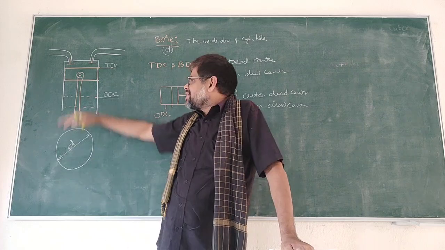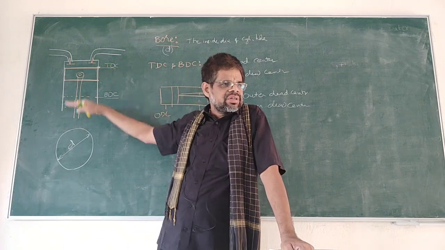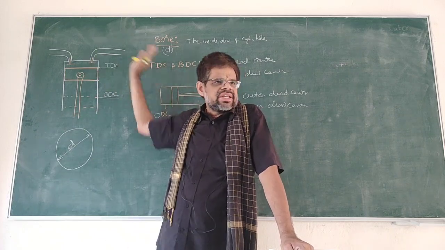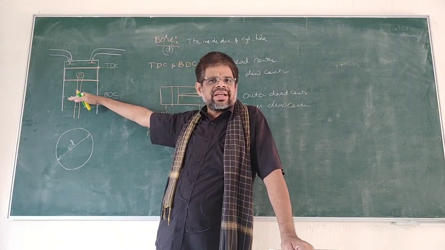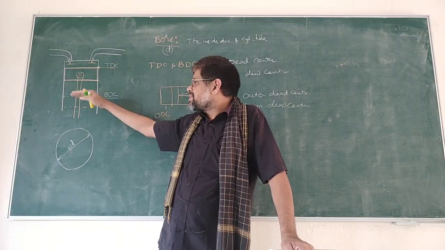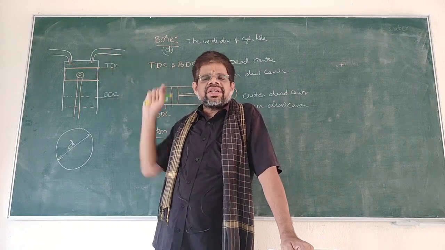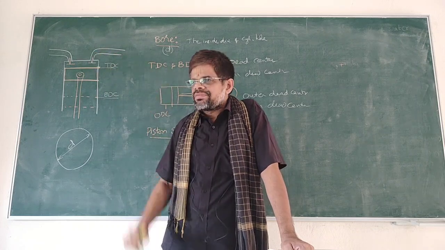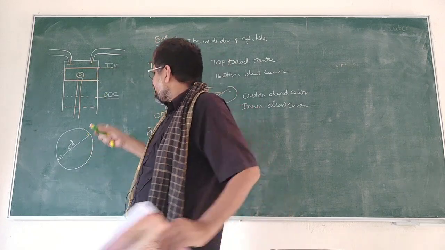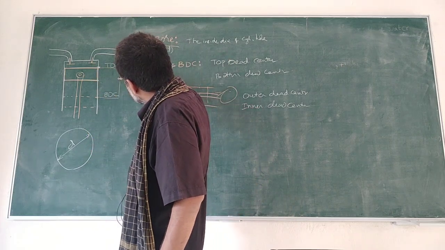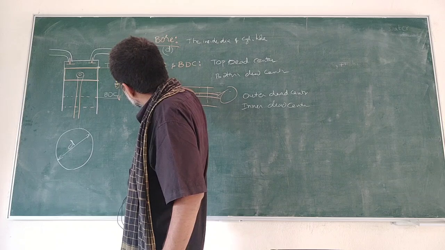Stroke means the movement of the piston from TDC to BDC or BDC to TDC. So if the piston moves from TDC to BDC, then we will say that it has made one stroke. If it moves again from BDC to TDC, then we will say that it has completed 2 strokes. So the distance between the TDC and the BDC is called stroke.